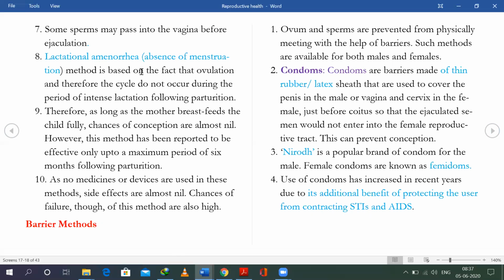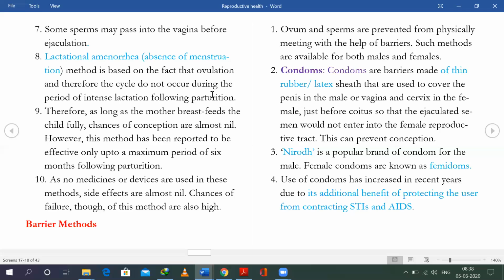And the next one that we have is lactational amenorrhea. Lactational amenorrhea is nothing but the absence of menstruation. It is a method based on the fact that after the end of the gestation, during the lactation period, there is not going to be any ovulation, and therefore the cycles do not occur, right?